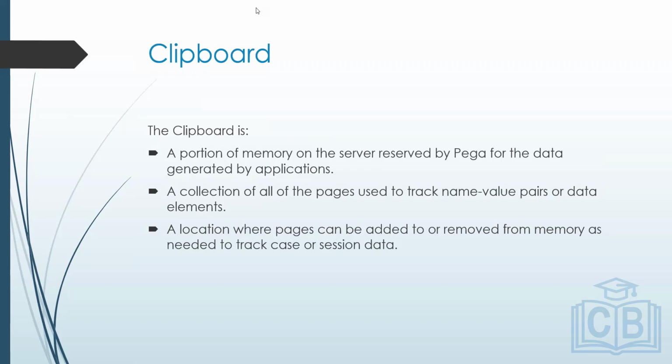So we know that the clipboard is a part of PEGA where you can see all the data corresponding to each of your properties. You get to see the data in the form of name value pairs: the name of the entity and the value corresponding to it.